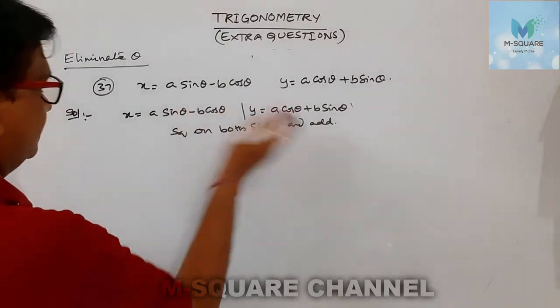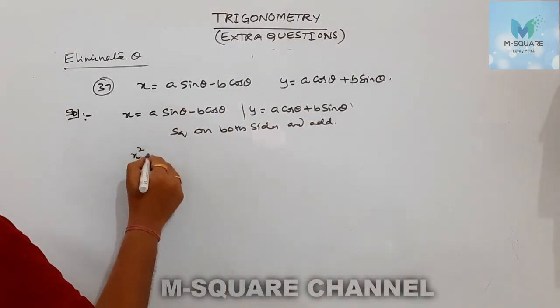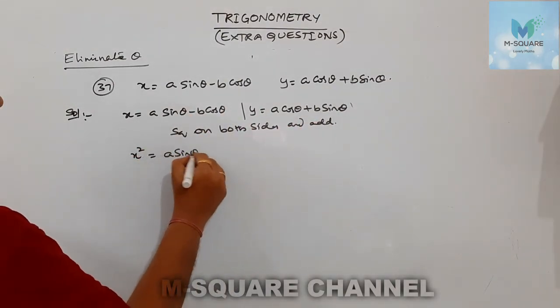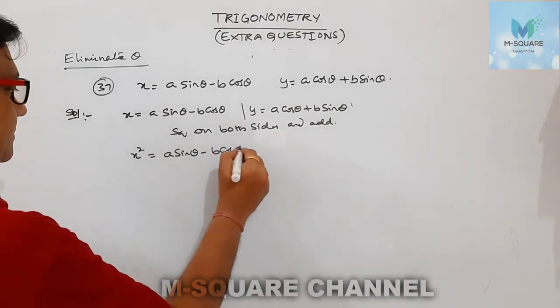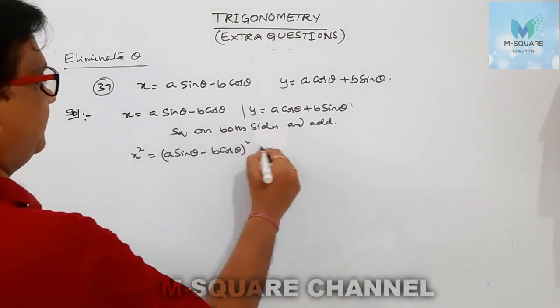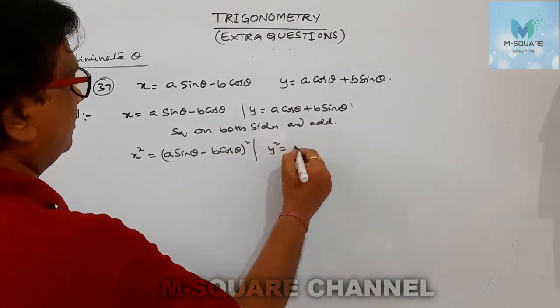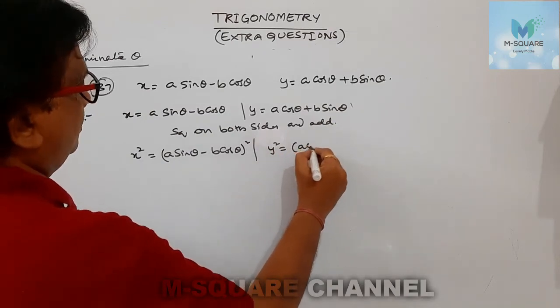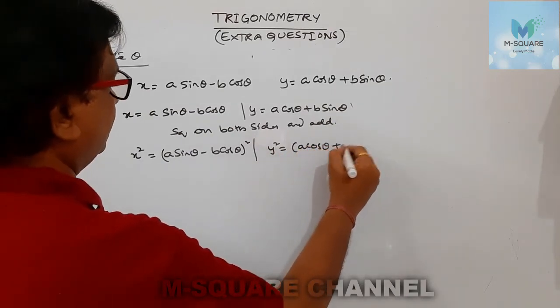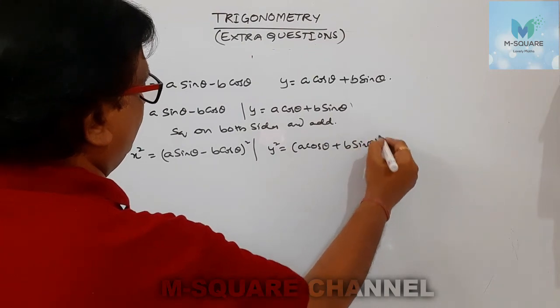So x square equal to a sin theta minus b cos theta whole square, y square equal to a cos theta plus b sin theta whole square.